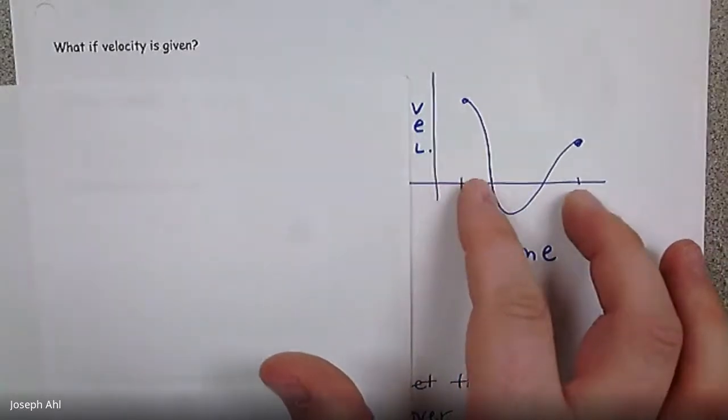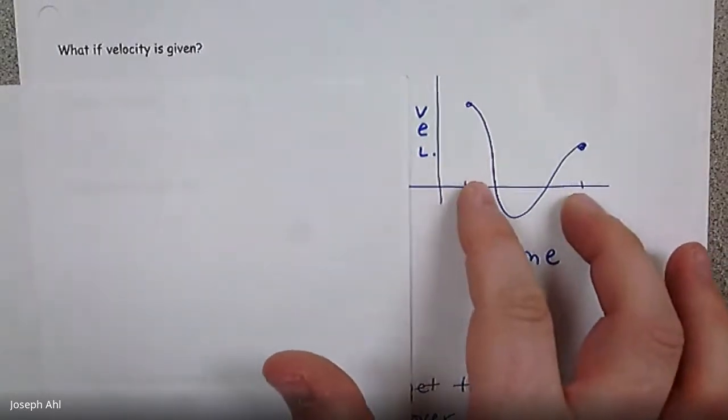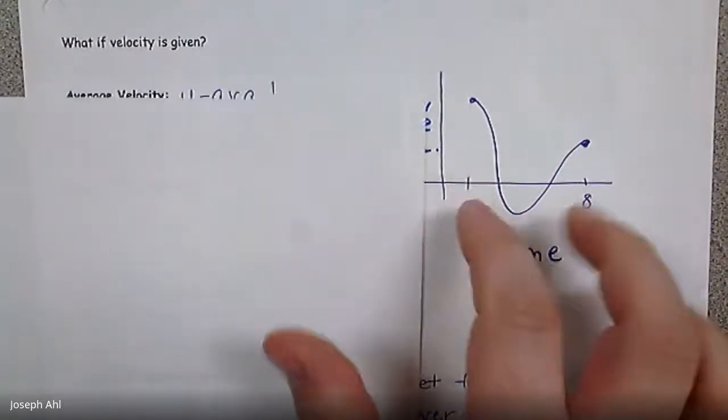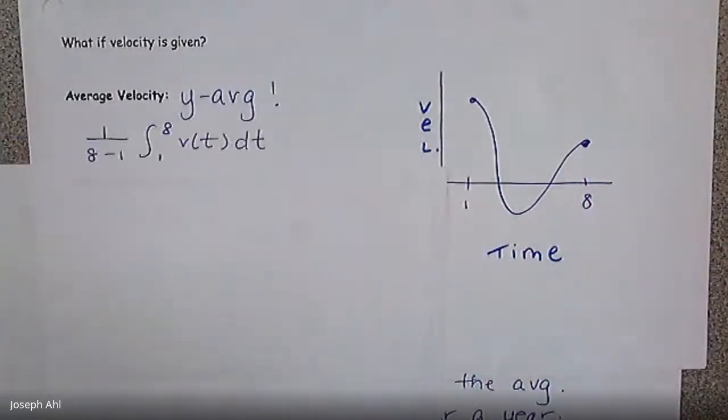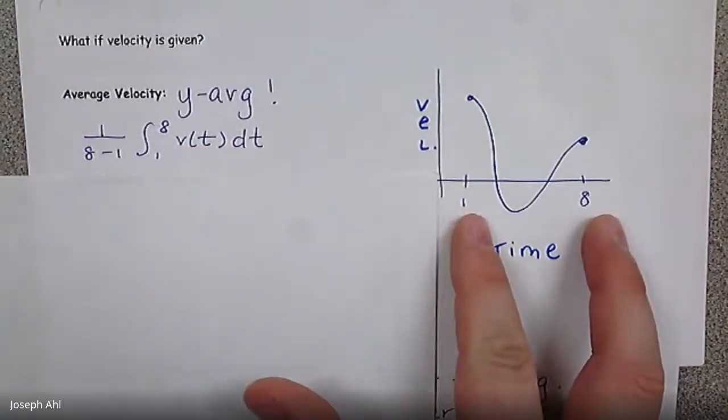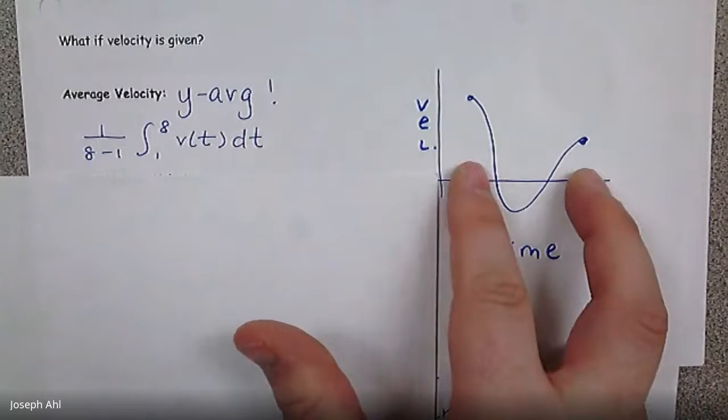Well, average velocity is now an application of the y average. The average velocity over this time would be 1 over the difference in our interval, 8 minus 1, times the integral from 1 to 8 of v of t dt.